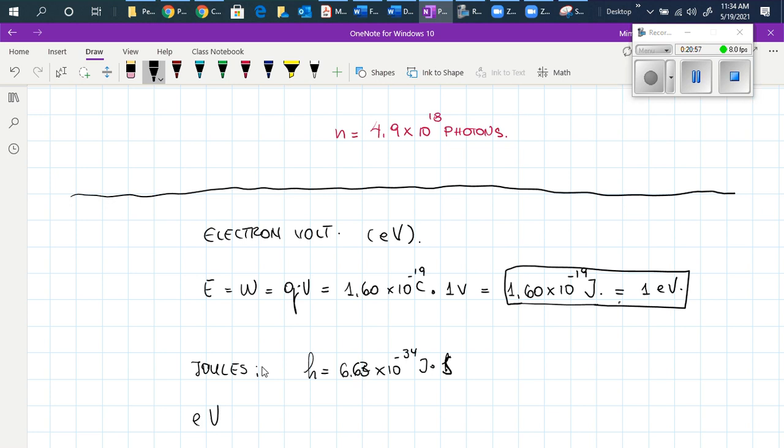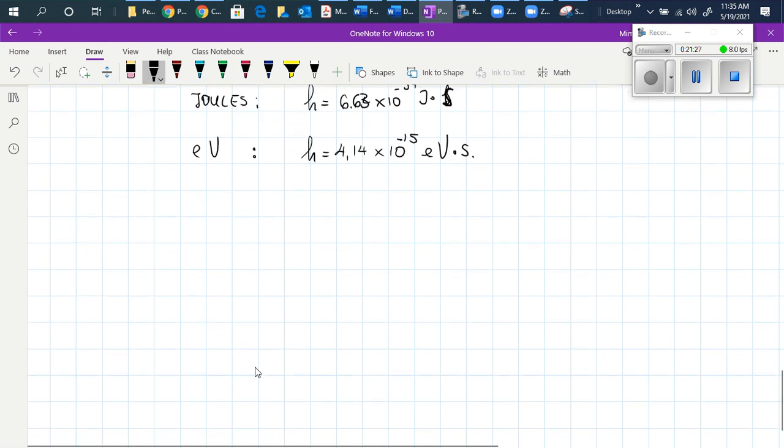And when we are working with electron volts, Planck's constant will be 4.14 times 10 to the power of negative 15 electron volts times seconds. So you have to be careful about which units you are using and which units you need to express your answer in.